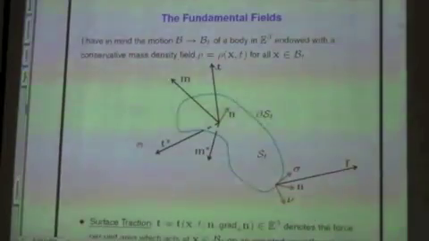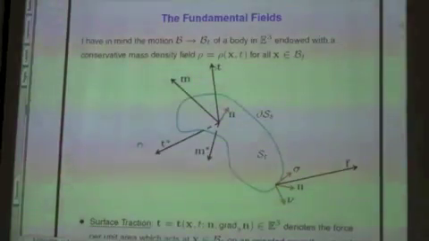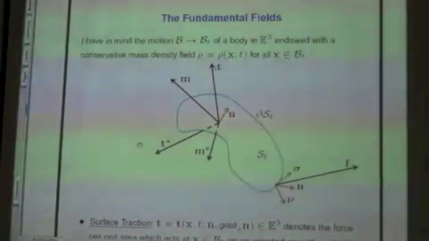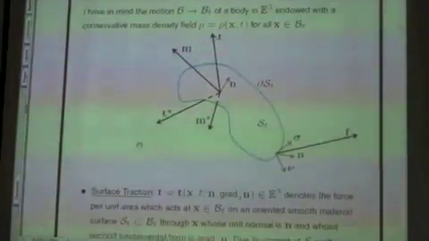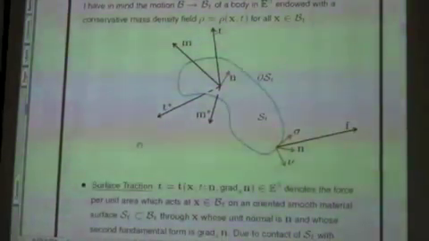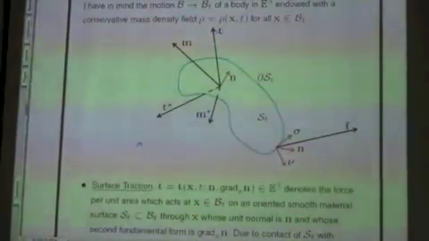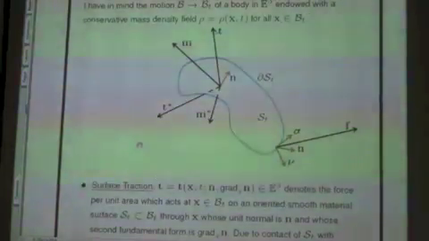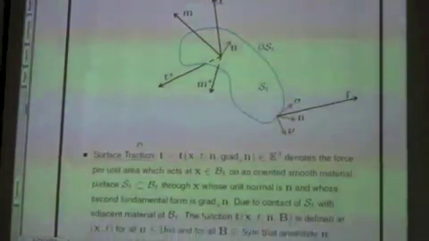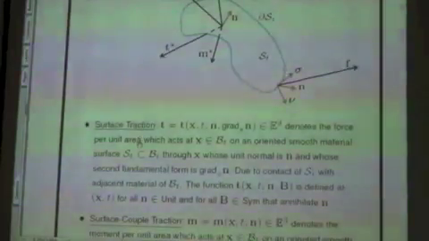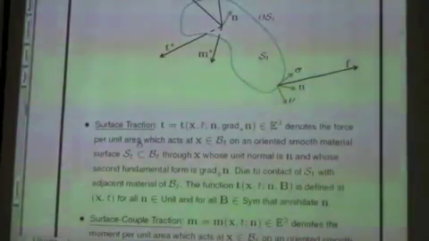Now, I'll introduce fundamental fields at the beginning of the talk. The fundamental fields, besides the motion of the body, which will not play a major role, I'm going to concentrate on the contact interactions. The fundamental fields that I will introduce, well, there's the mass density, rho, at the top, which I assume will be measured per unit volume and conserved throughout. There's a surface traction, as I alluded to a moment ago, which is a measure of the force per unit area.